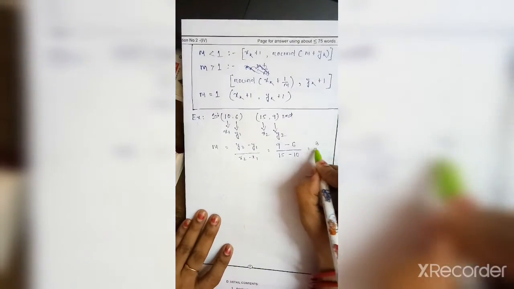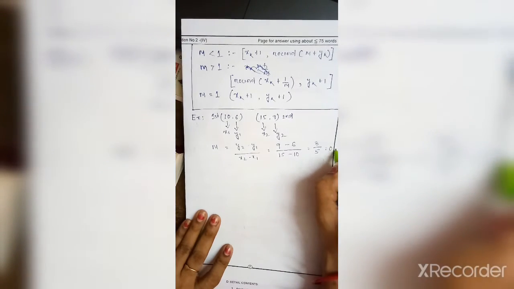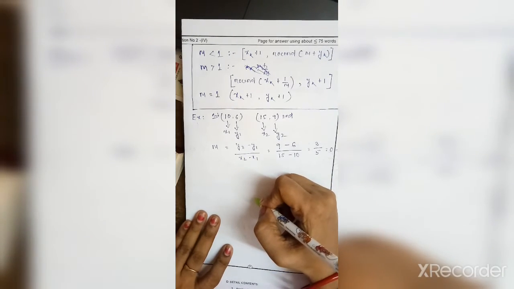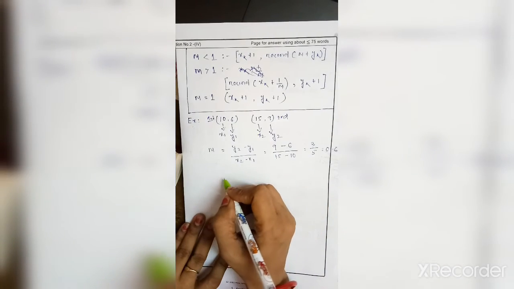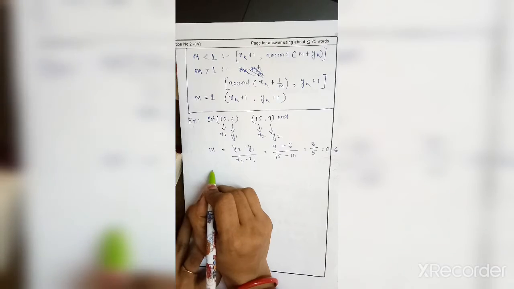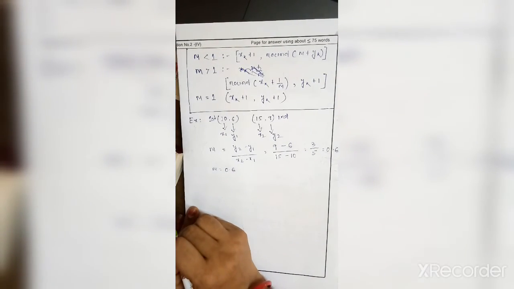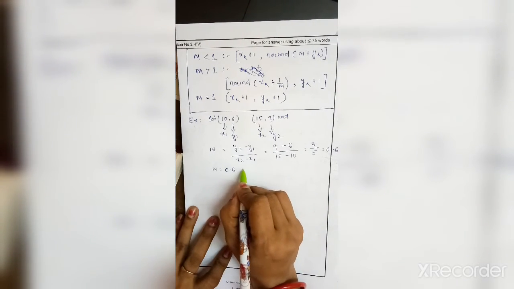That means 3 by 5, which is 0.6. So here we got m equal to 0.6. That means it is less than 1.